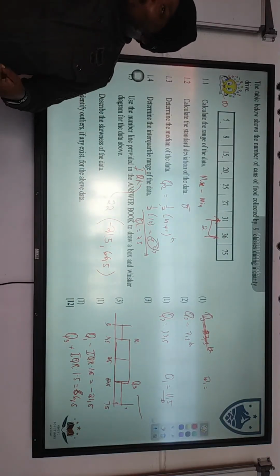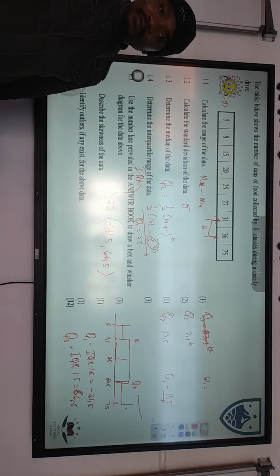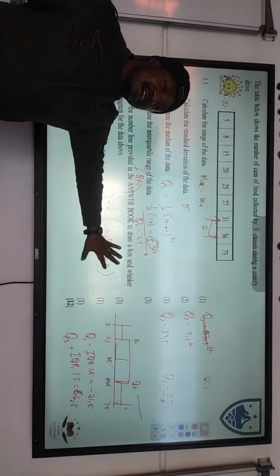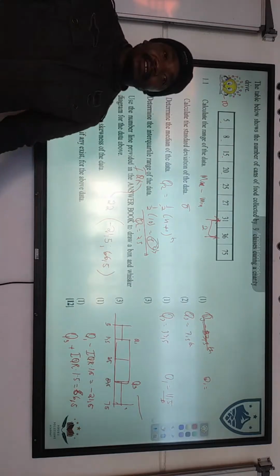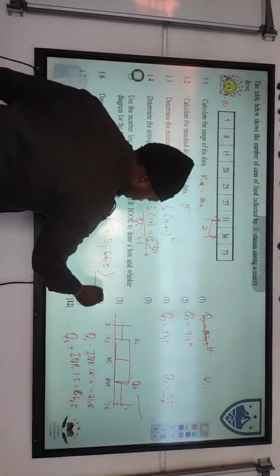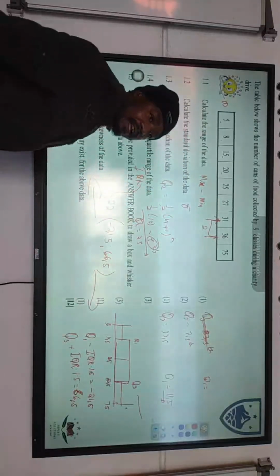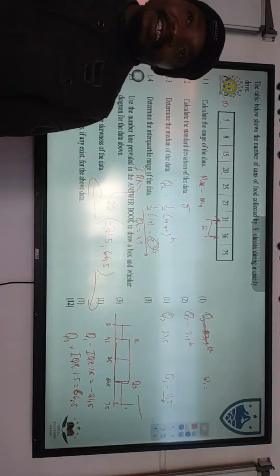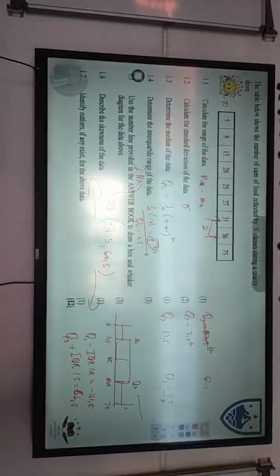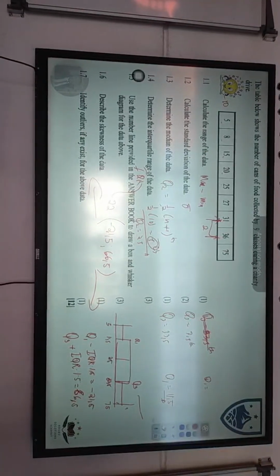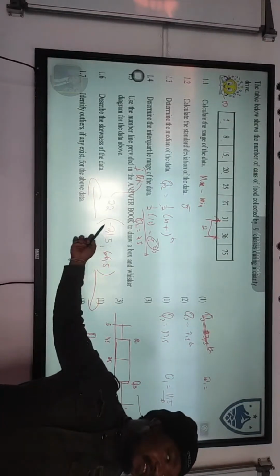So it's safer to know for sure that those are not outliers. Anything before this or after this is an outlier. Anyone who says anything that falls here or here is an outlier is lying. The 5? No, we go to the negative part.